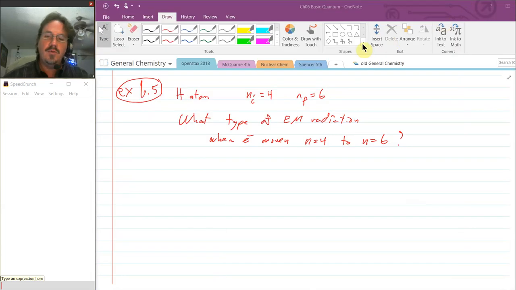All right, so we've got some initial 4, a final 6 level, and again, we're trying to find out what part of that spectrum it is.